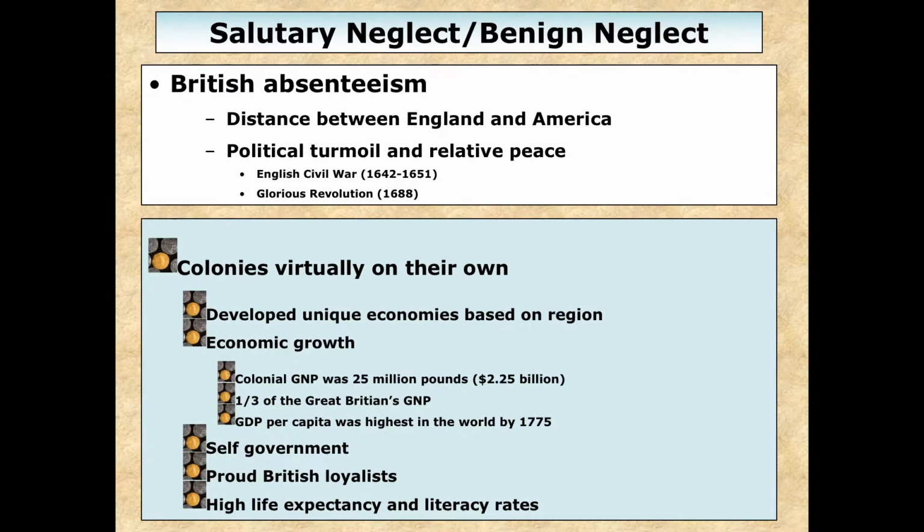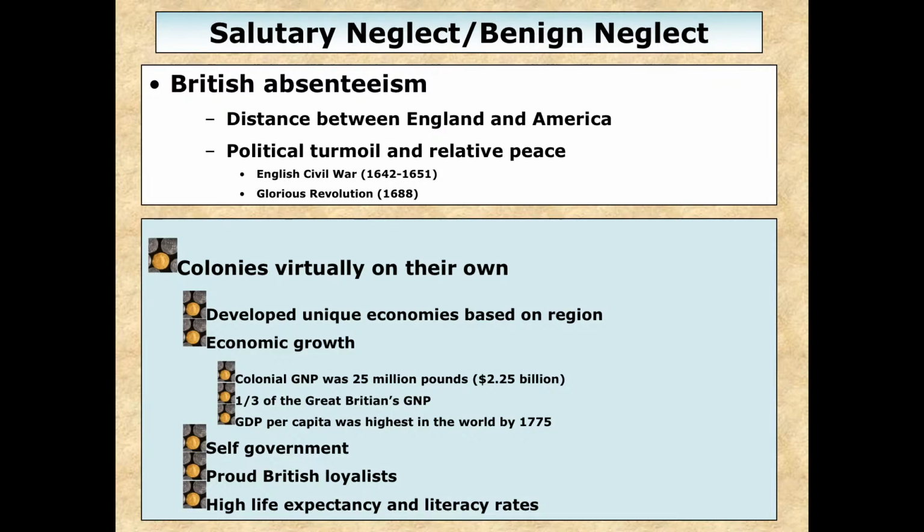And when you compare the GDP of just the colonies and Great Britain, it was the highest in the world by 1775. So yeah, the money is flowing, not necessarily to the colonies directly, but the colonists still see that they have the potential to go ahead and sustain themselves if they want.